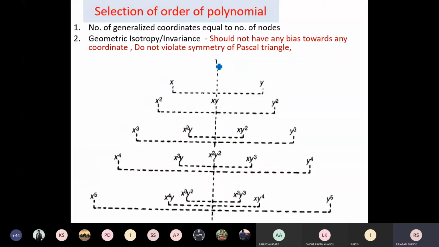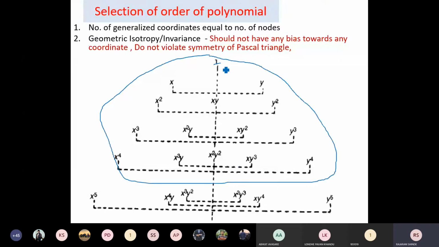Here it will start from 1, then linear x, y, then quadratic x square, y square, xy, cubic x cube, y cube, x square y, xy square, fourth order x raised to 4, y raised to 4, x cube y, xy cube, x square y square. Means here it is up to this one, it is a fourth order polynomial.